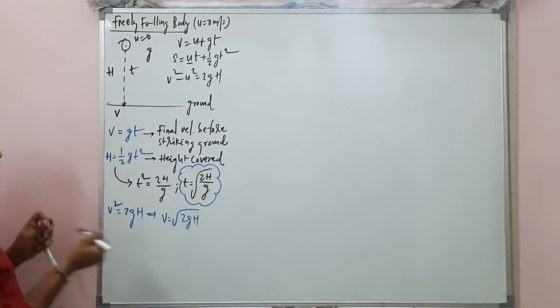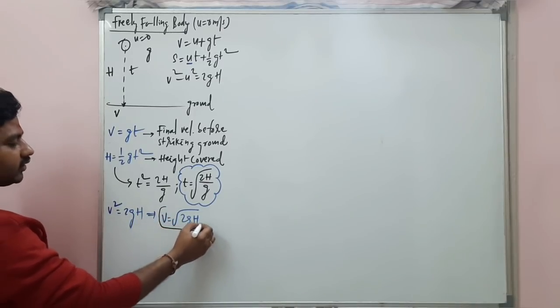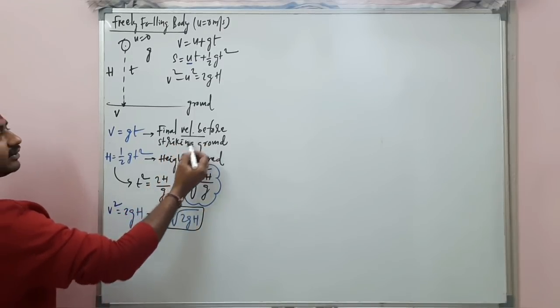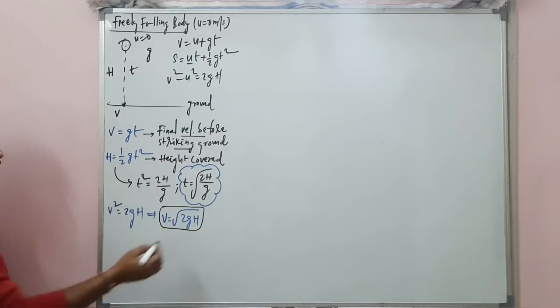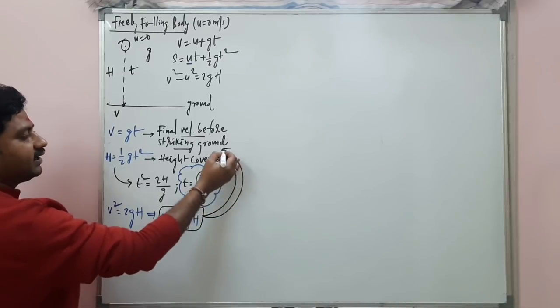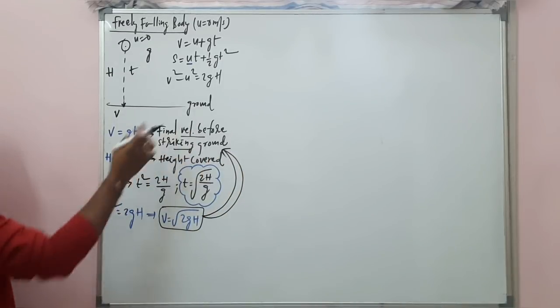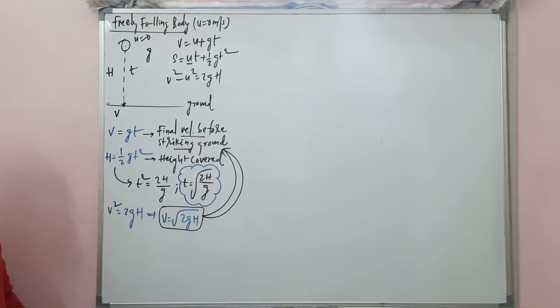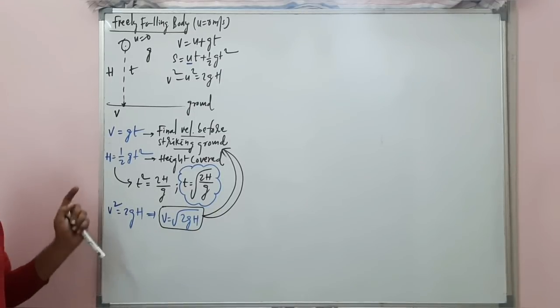Okay, so this equation is also giving you the final velocity of the body before striking the ground. Understand? Clear? Alright, my dear children, is it simple?